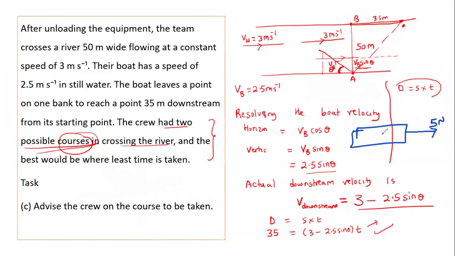Are you seeing this? Yes. What is going to be your resultant here? It is 5. How did you get 5? You subtract 10 minus 5. Why do you subtract? Because 10 is greater than 5 and the resultant is in the direction of 10 newtons.